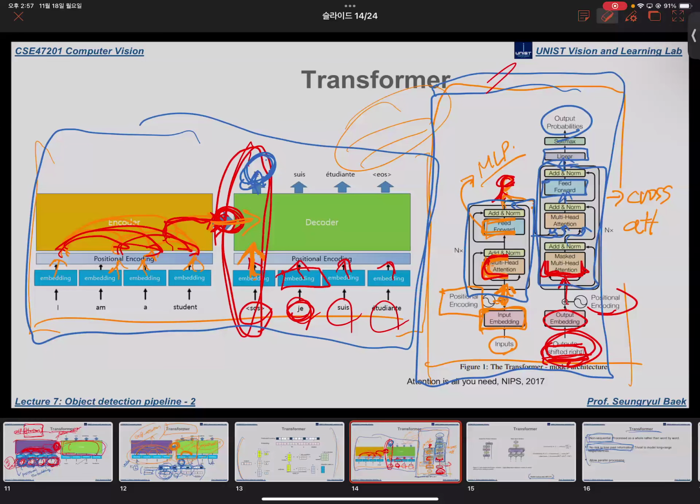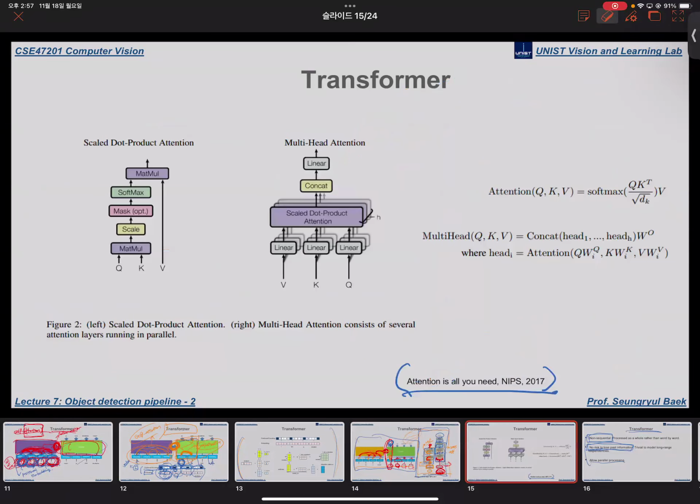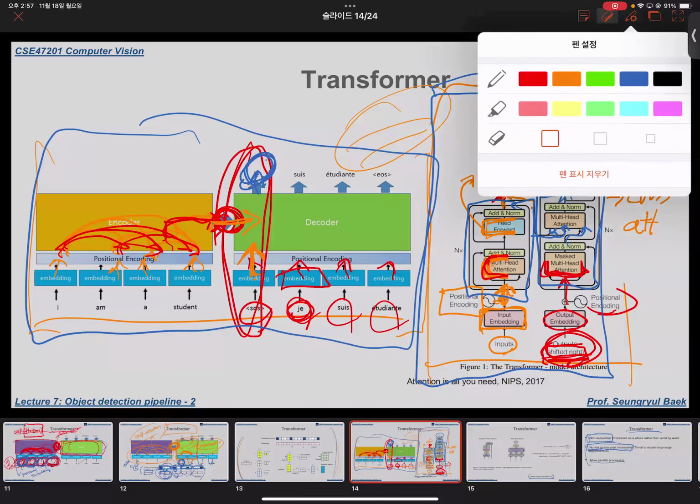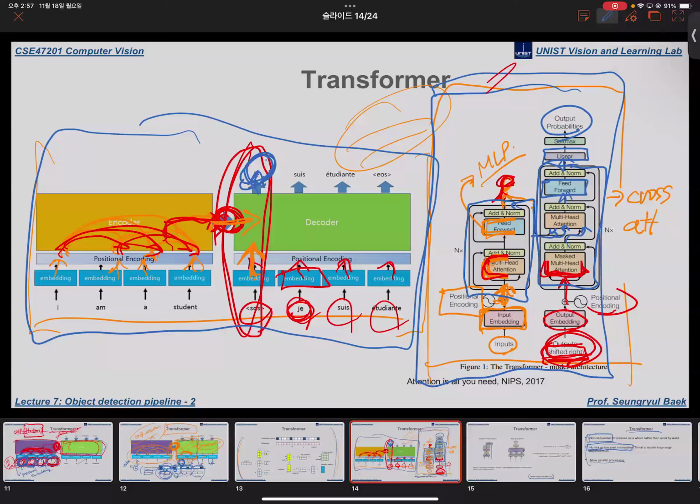But I think I have to repeat these things. The next thing you have to remember is not cross entropy, it is cross attention and self attention mechanism.